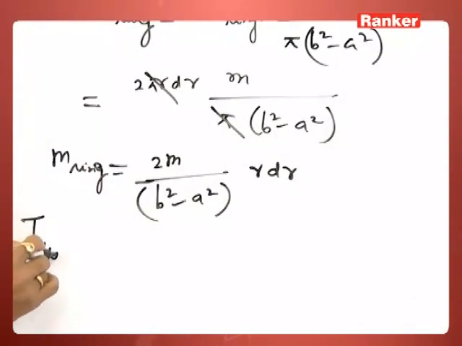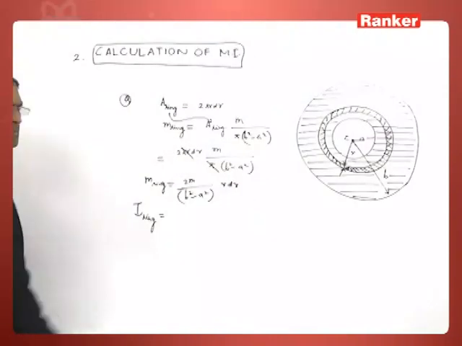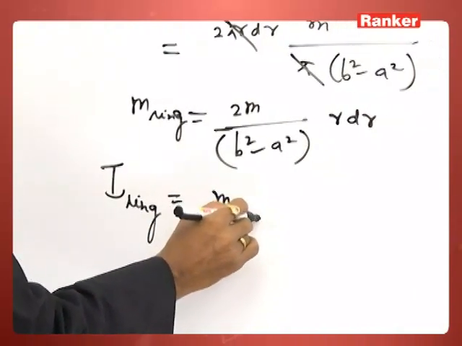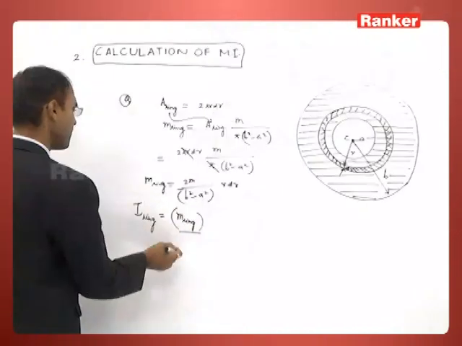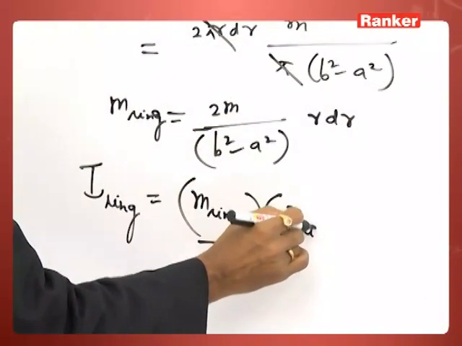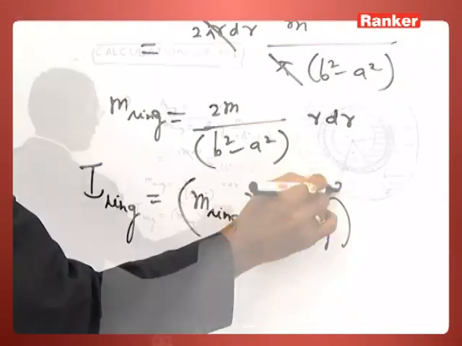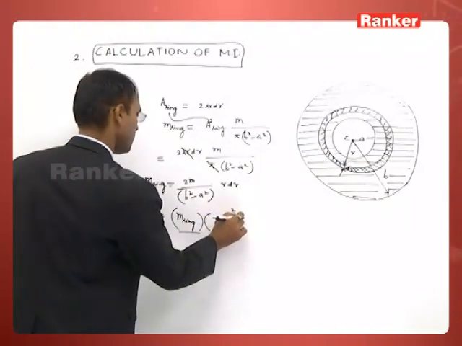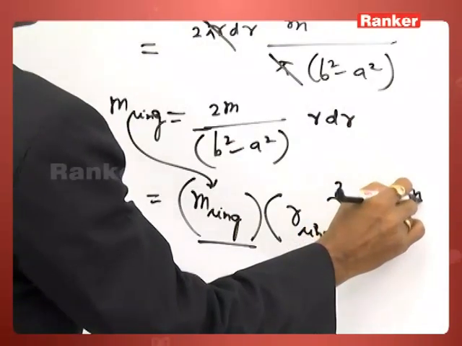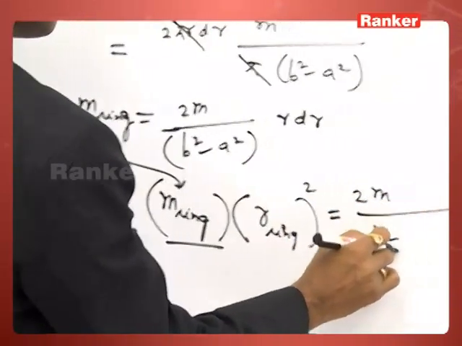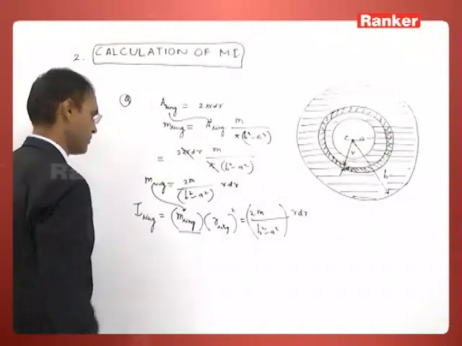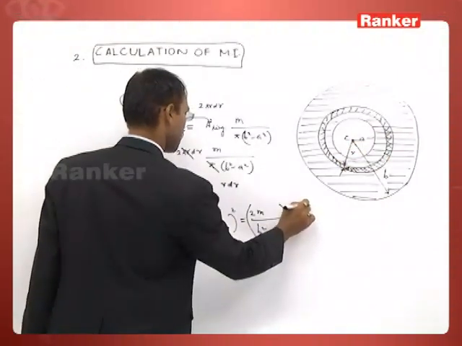The moment of inertia of the ring, as per the formula, we can write as the product of the mass of the ring and the square of its radius. Substitute the mass of the ring as 2M by B square minus A square into r dr. The radius of the ring is r.